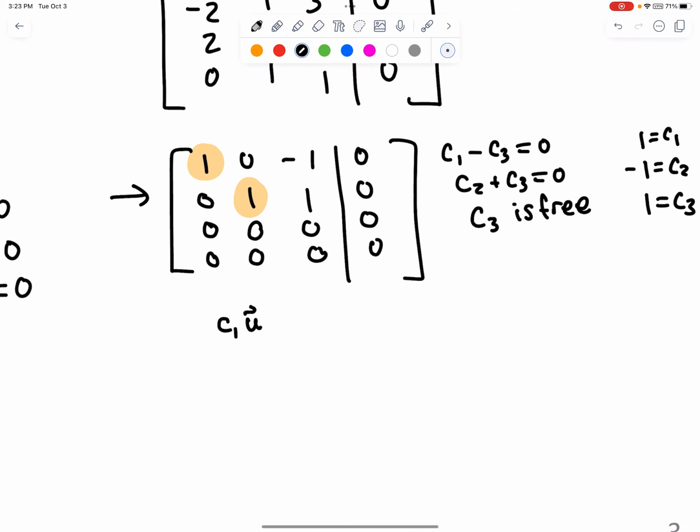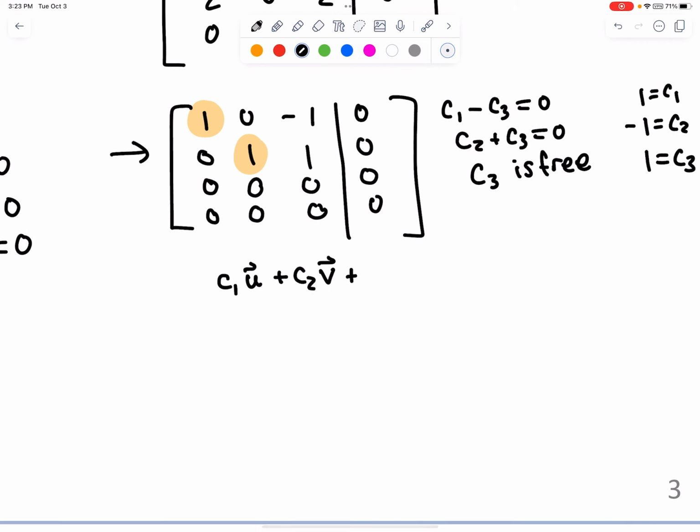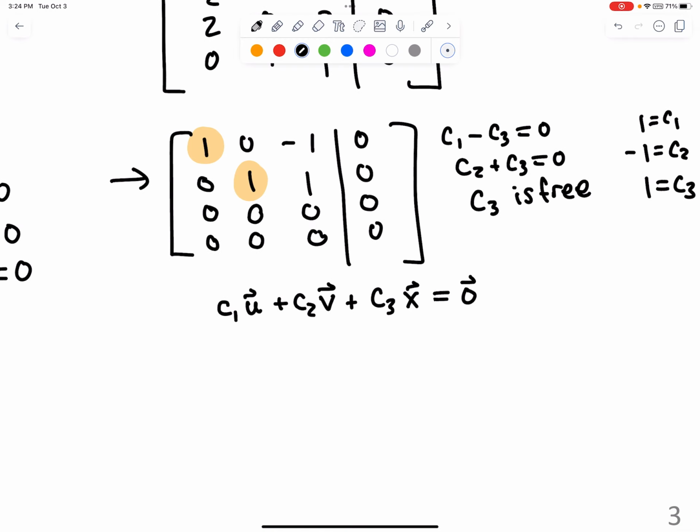C1 times the first vector plus C2 times the second vector plus C3 times the third vector is equal to the 0 vector. And we just discovered that this has a non-trivial solution where C1 is 1, C2 is -1, C3 is 1. So plugging these in, we get the following, that u minus v plus x has to be equal to the 0 vector.